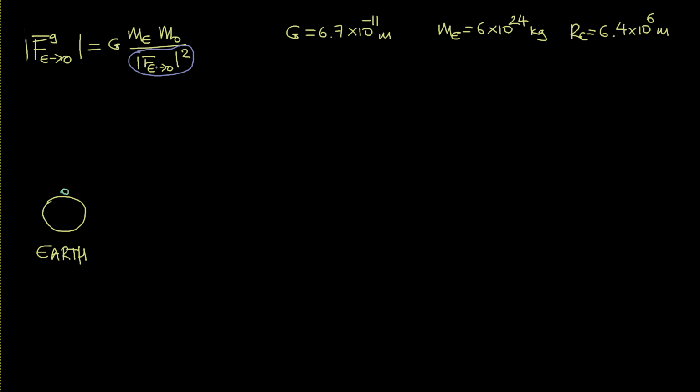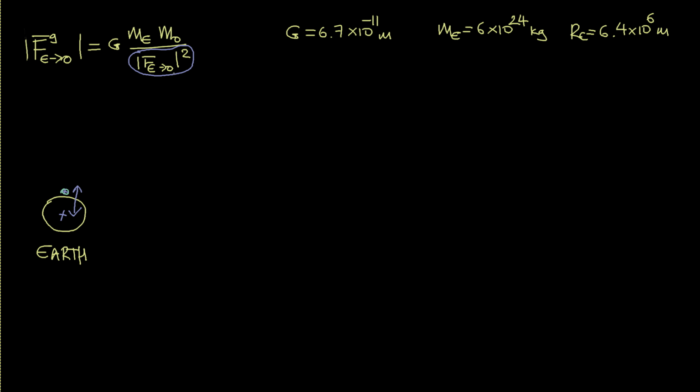It does not change much, the distance between the center of the Earth and where that object is. So this distance remains roughly constant if you are close to the surface.